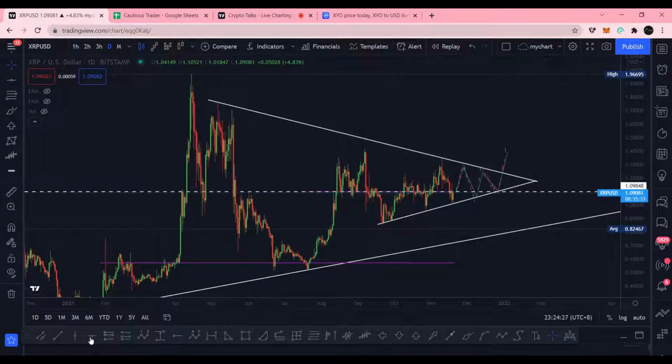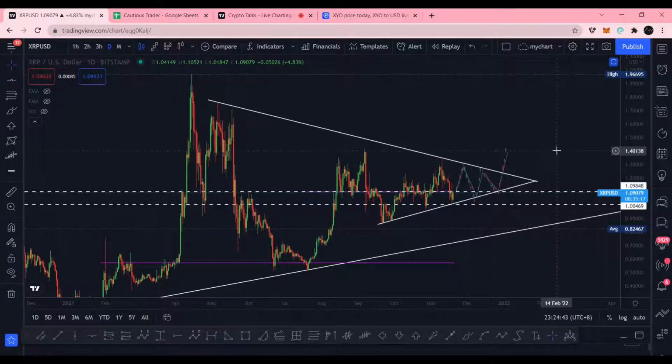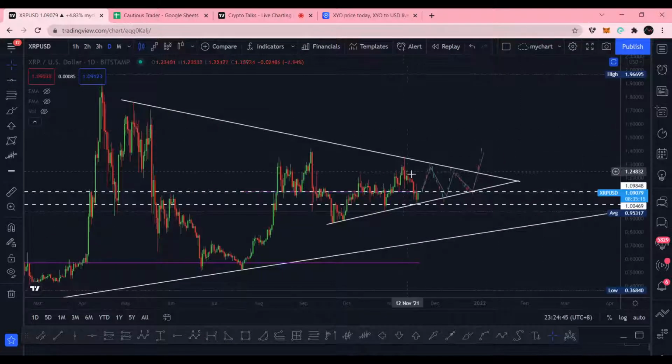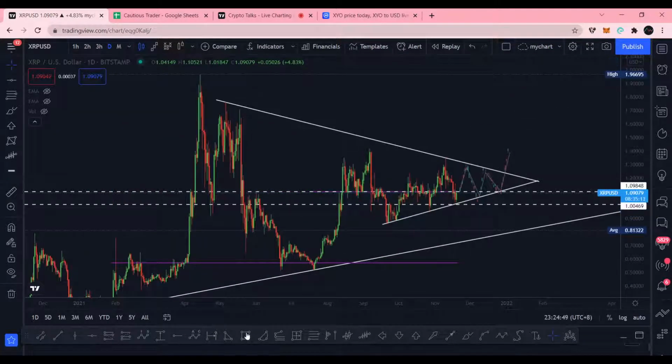And possible support area or stop loss at least this one. So basically, the risk reward ratio might not be that rewarding unless I'm planning to hold it long term.